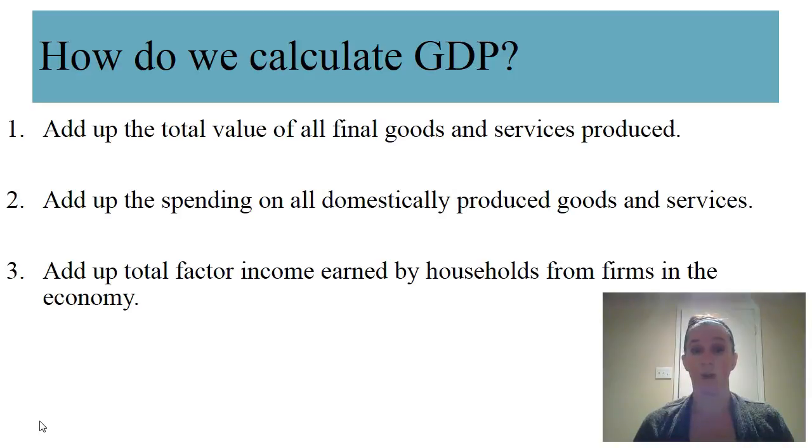You can add up all the factor incomes, and that would also give you what we refer to as gross domestic product. So those are our three ways, and we will talk about that in depth. We will do a handout and work through a table that will show you that each of these three ways provides you with the exact same outcome, the exact same GDP.